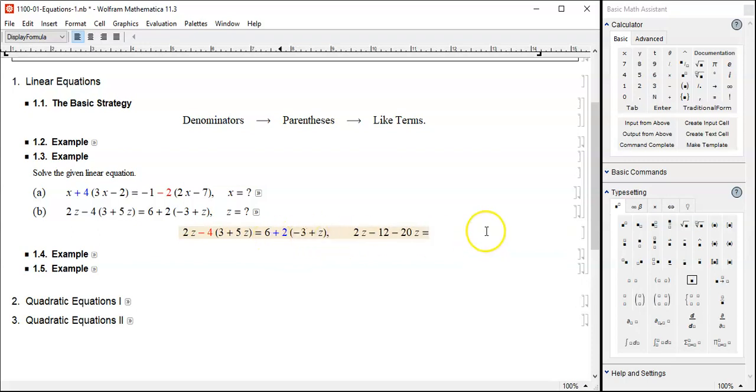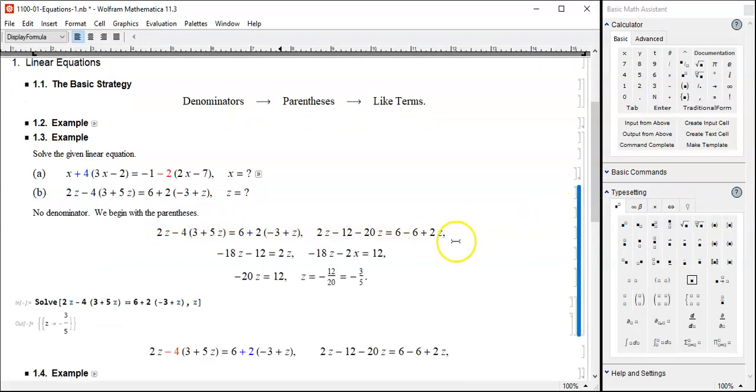Now, 6 was there before, and 2 times negative 3, what is it? Negative 6. And 2 times z, what is it? And then we can take the like terms together, simplify, and go from there. Let's see, where are we? We're up to here.